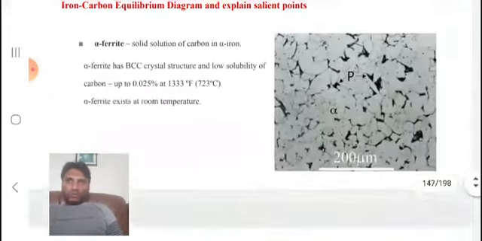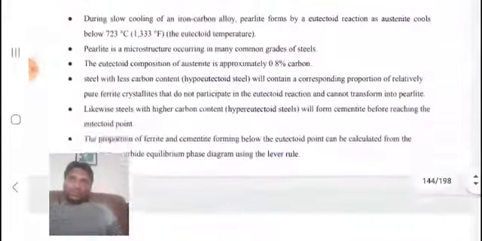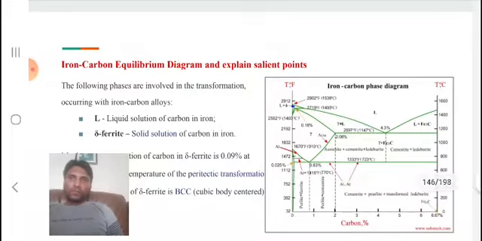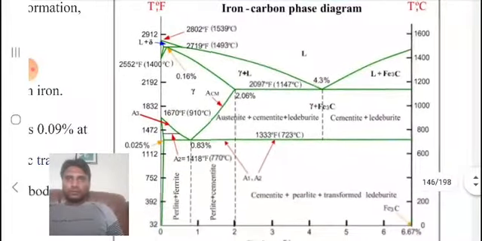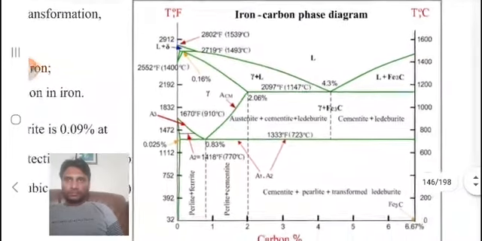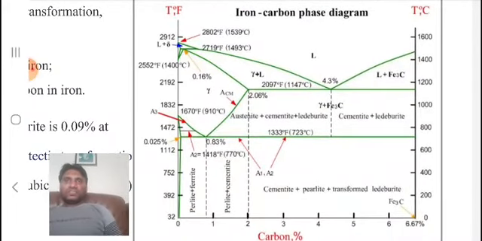So based on the microstructure, this is exactly how the iron carbon diagram looks.